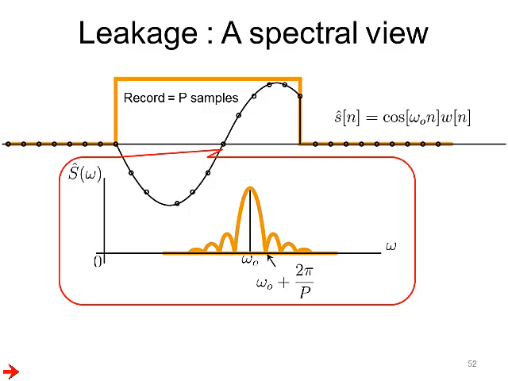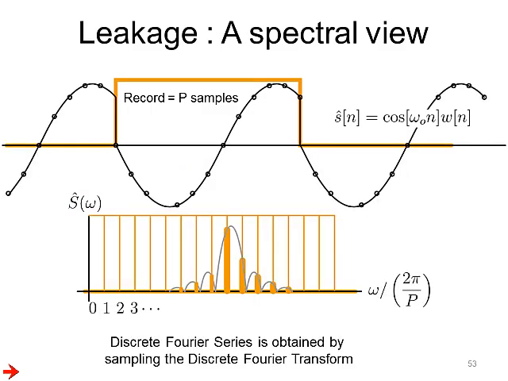Now, the FFT is simply nothing but the sampled version of the Fourier transform of the sequence. So, when one computes the FFT of these P samples, what one is doing is essentially sampling this sinc function which is centered at omega naught.